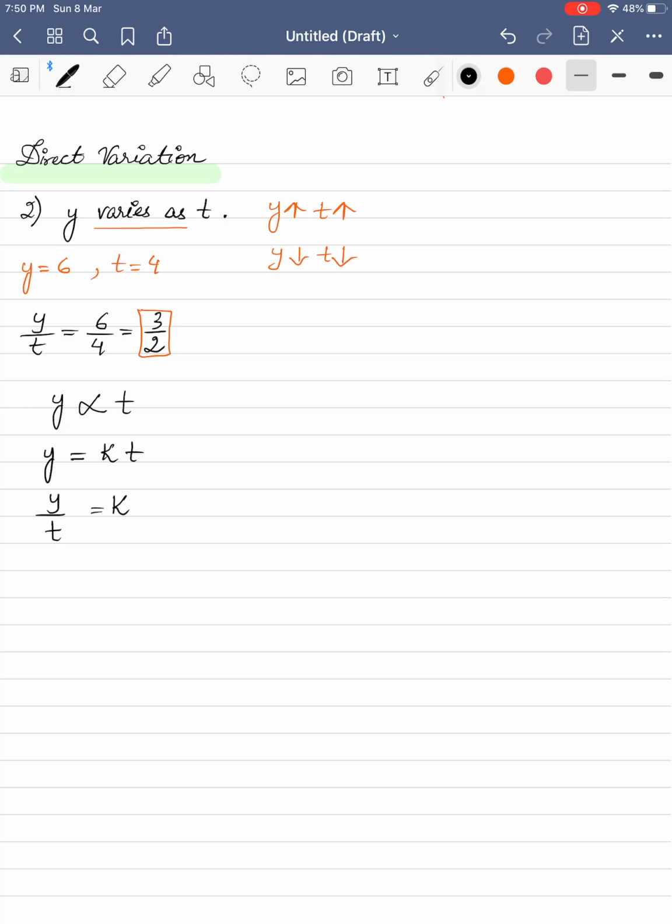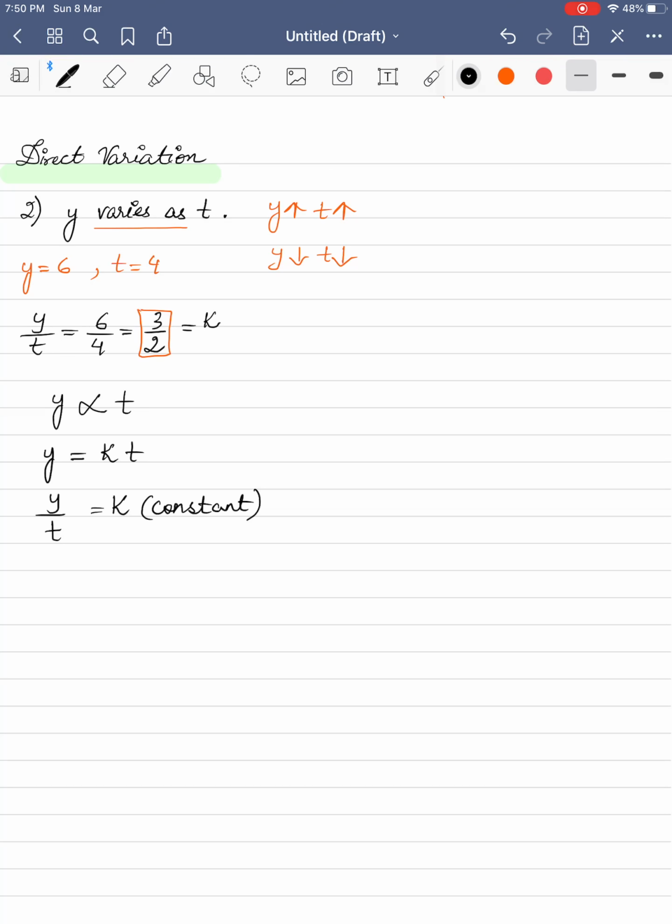In our question, we have already found the value of k earlier. This is known as the constant. And the reason why this is constant is, as we discussed, when the value of y increases and correspondingly the value of t increases and the values are divided, they will have the same ratio and the value remains constant.